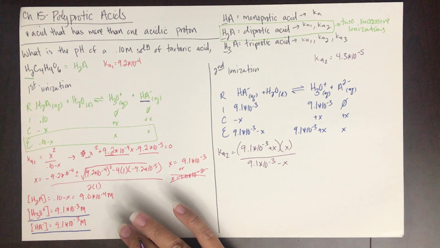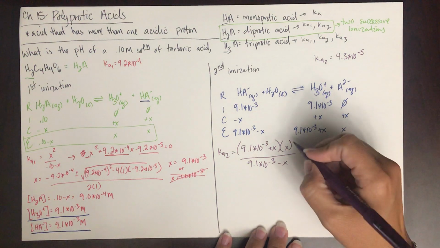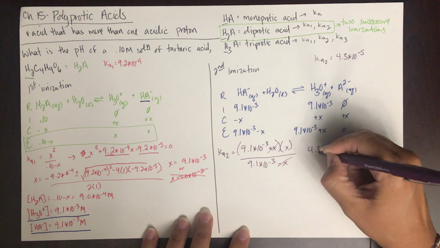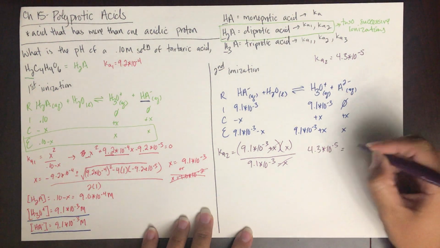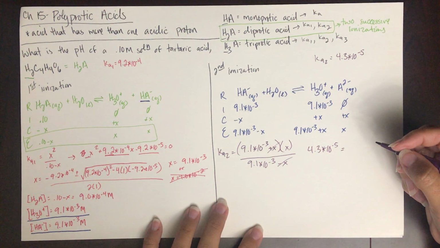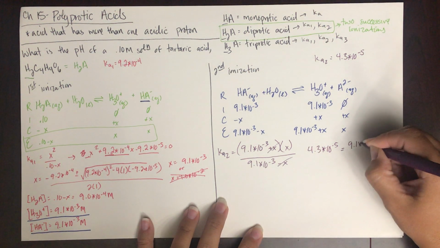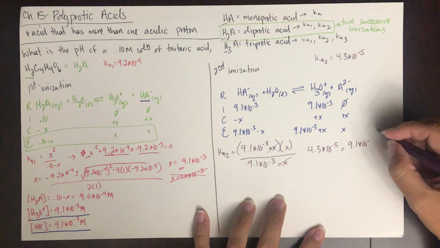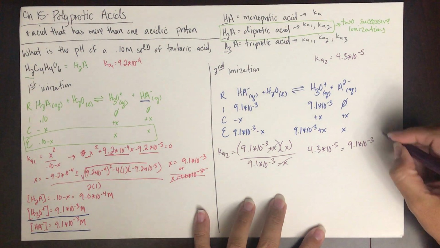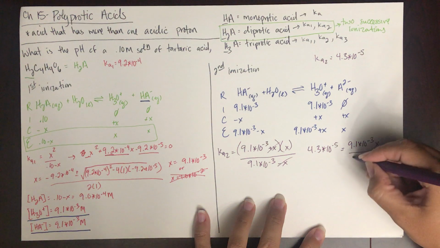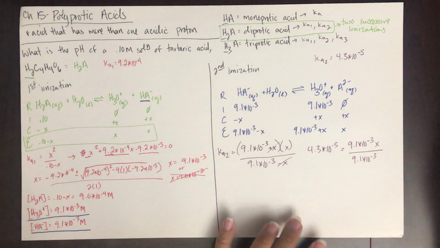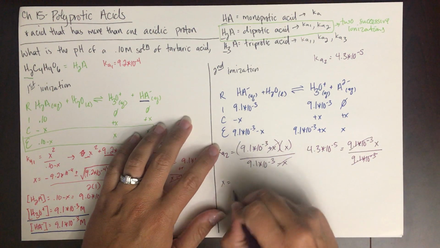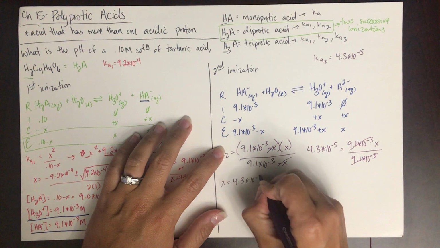So when I write this, I'm going to say Ka2, which is 4.3 times 10 to the negative 5, equals 9.1 times 10 to the negative 3 times x over 9.1 times 10 to the negative 3. So 9.1 times 10 to the negative 3 will cancel. I get x equals 4.3 times 10 to the negative 5.